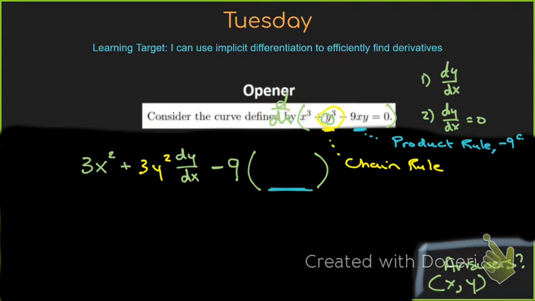And so when we go to product rule that, we know we're going to get x times the derivative of y, which is just dy dx. And then we also have plus y times the derivative of x, which is just 1. So we're going to be good there. I don't need to multiply by 1. And all of this is going to equal 0, right?